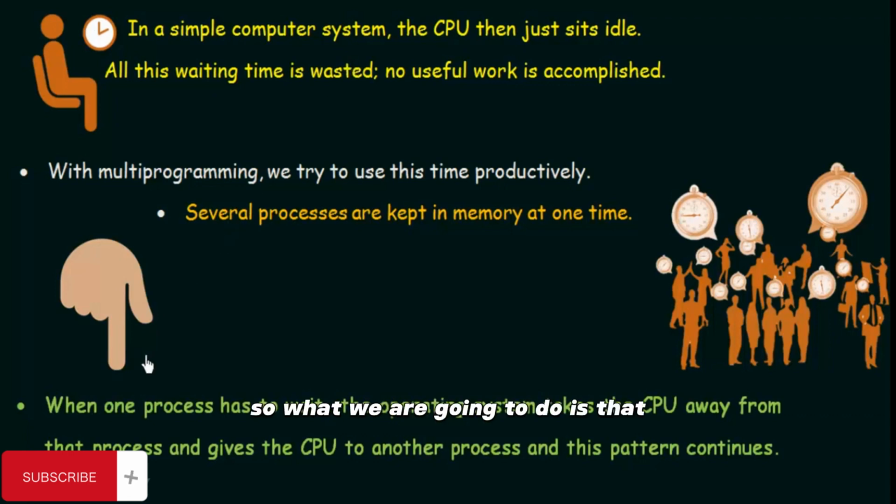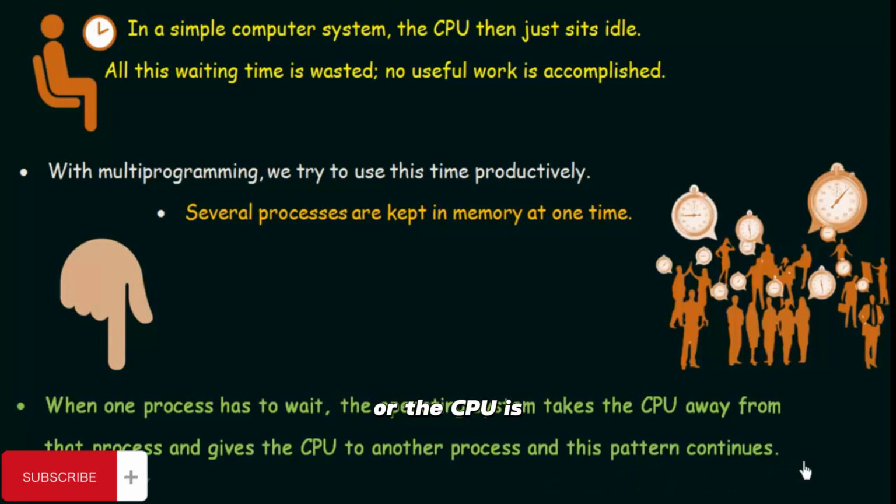So what we are going to do is that when one process has to wait, the operating system will take the CPU away from that process because that process is not using that CPU at that particular time. And what will it do? It will give that CPU to another process.